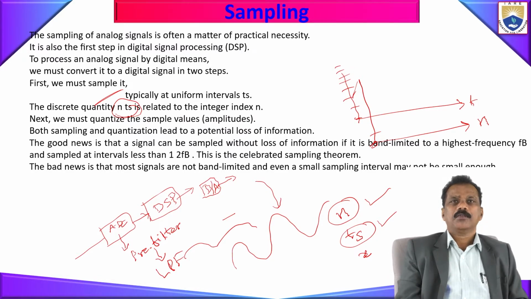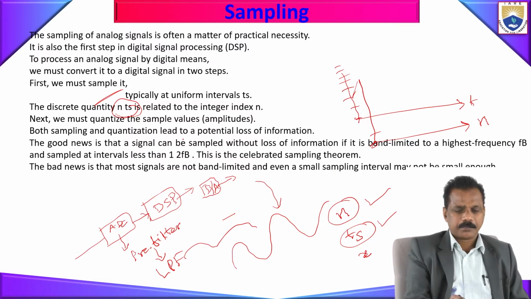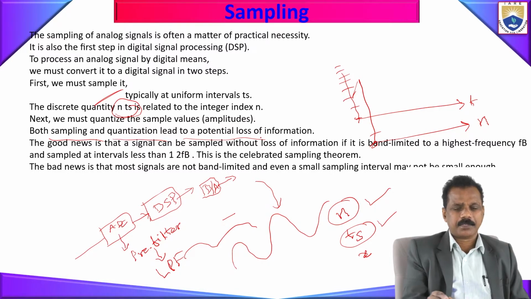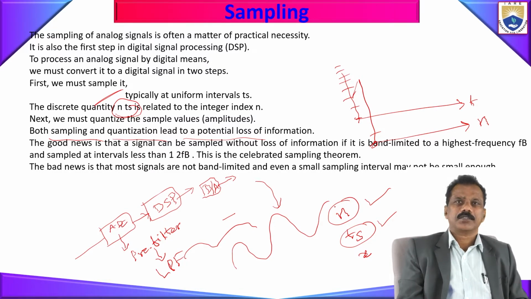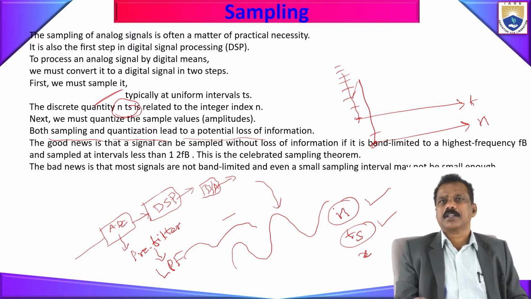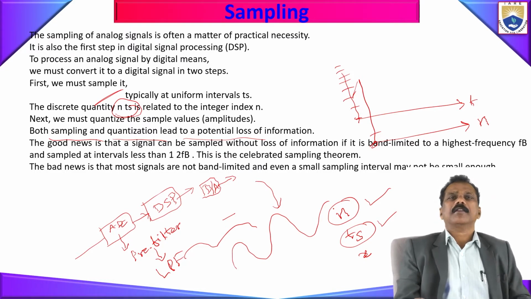Both sampling and quantization lead to a potential loss of information. Loss of information means we are unable to exploit the accuracy of the signal.